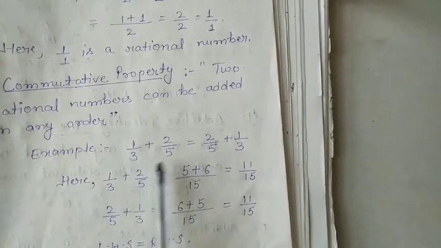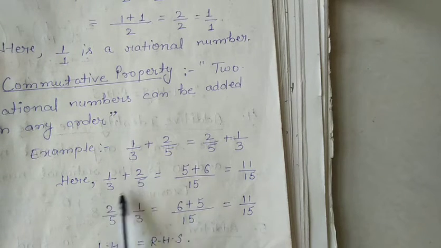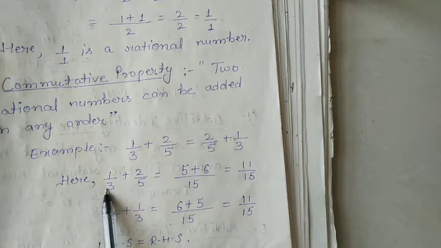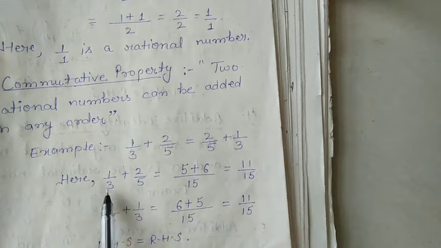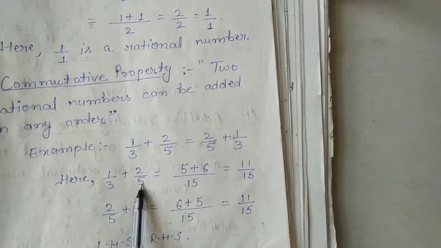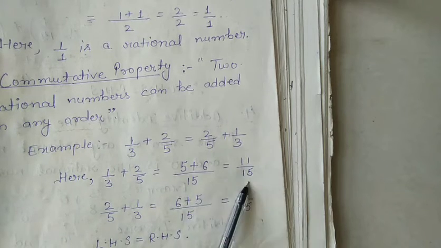Then we solve. Here left hand side, 1 by 3 plus 2 by 5. First we take the LCM of their denominators, 3 and 5, that is 15. 15 is divided by 3, that is 5, and 5 into 1, that is 5, plus when 15 is divided by 5, that is 3 and 3 into 2, 6. 5 plus 6 is equal to 11 by 15.